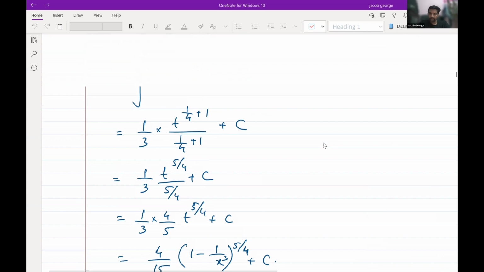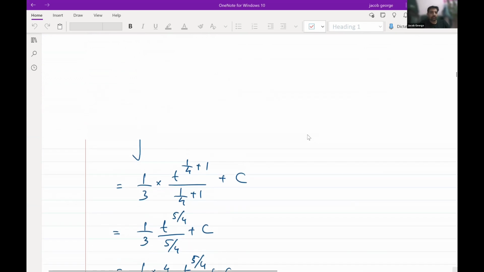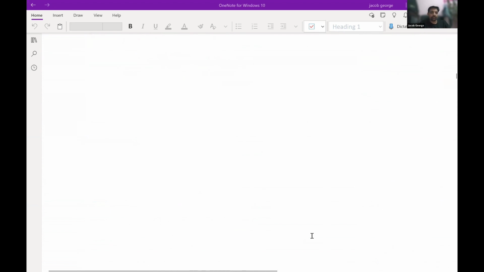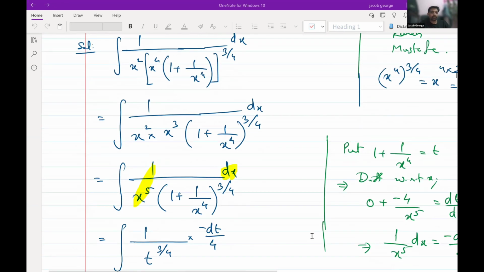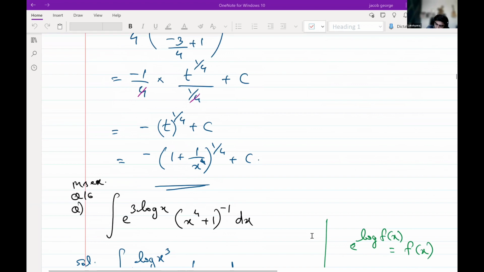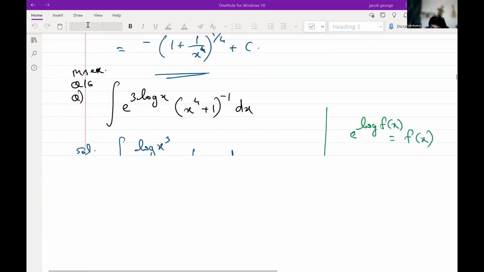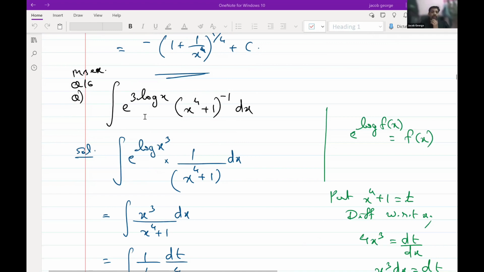Look at there. e raised to 3 log x means we can write e raised to log x cube.